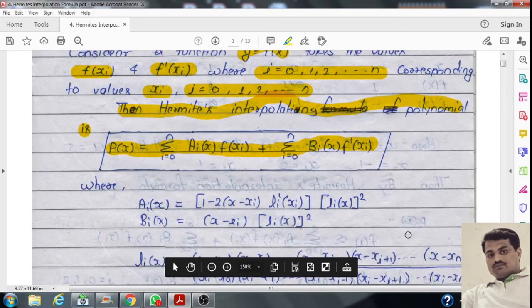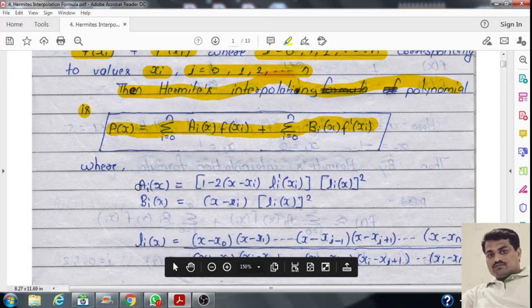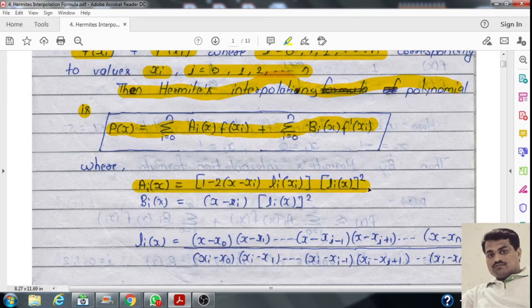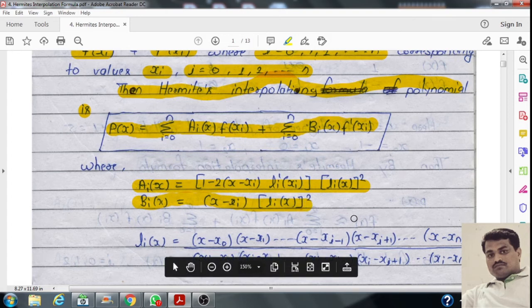And here on the right hand side, Ai(x) is defined as Ai(x) is equal to in bracket 1 minus 2 into x minus xi into Li dash of xi into Li(x) bracket square, and Bi(x) is defined as Bi(x) is equal to x minus xi into Li(x) bracket square.